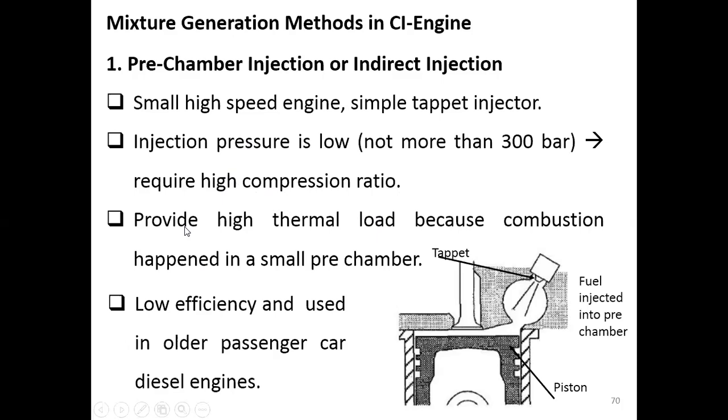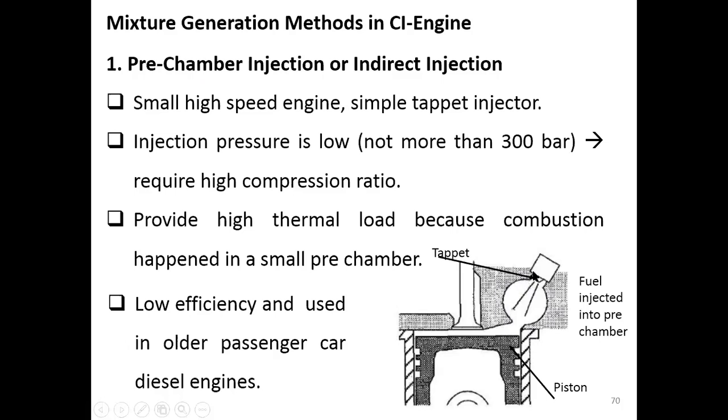And for this method, it also creates a high thermal load, because if you look at this, it is a small pre-chamber here. That's the reason why they call it pre-chamber injection, because for this method we need to have a small pre-chamber right here. So that means the combustion happens right here.